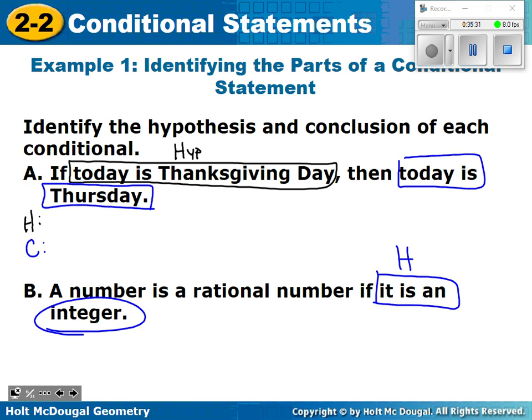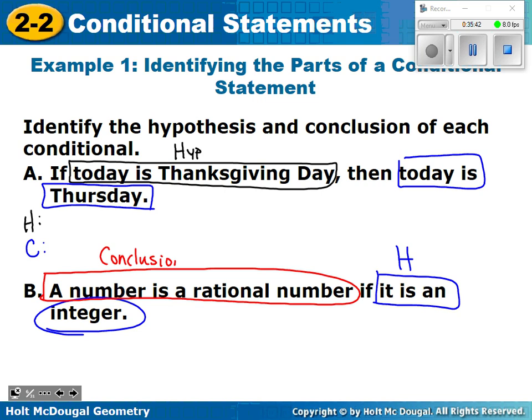So our conclusion here is going to be what? You could say a number is a rational number. You can say all of this. You just can't include the word then. But then is missing from our problem anyway.